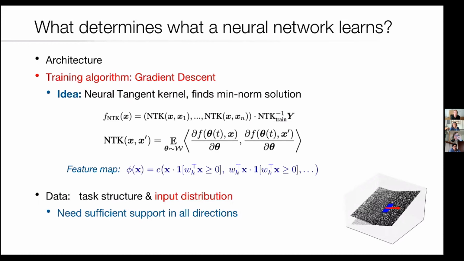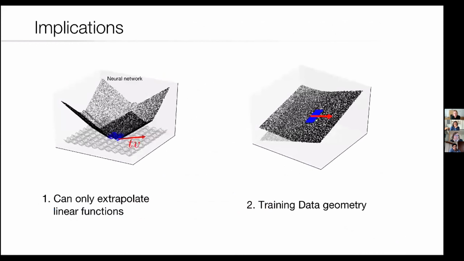What the plot here shows is that the data had support in only one direction, so you only learn the right linear function in one direction, but not the other direction. So that's what we have to take home for our big network: we will only be able to have directionally linear functions in our aggregation functions, and we need enough support in the training data geometry.